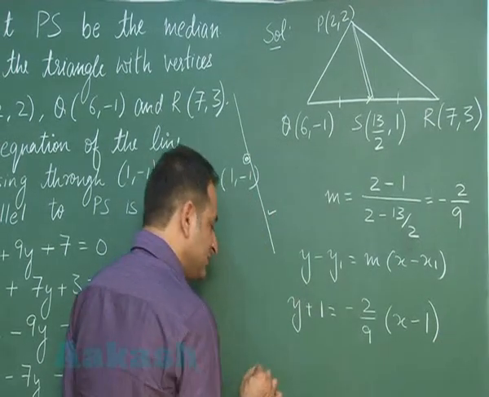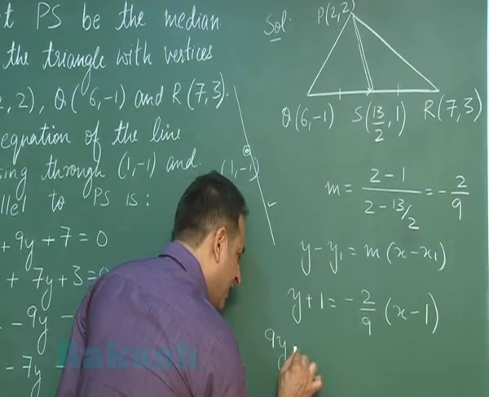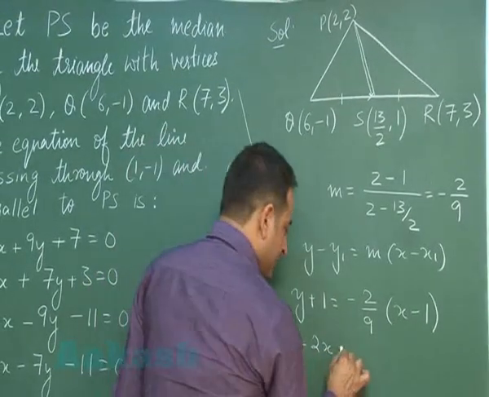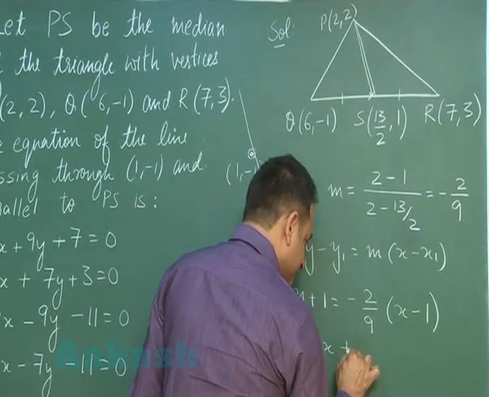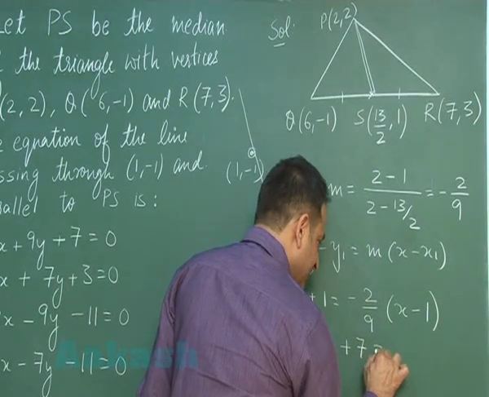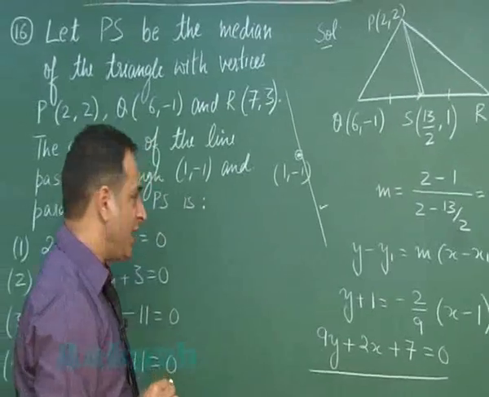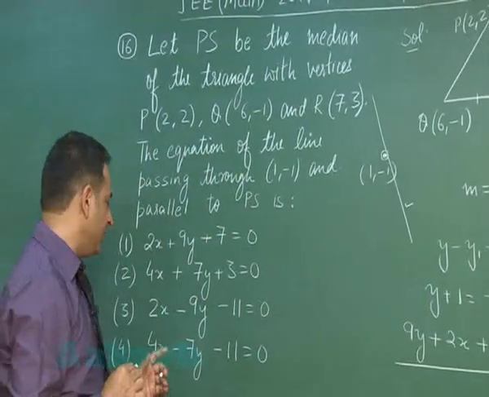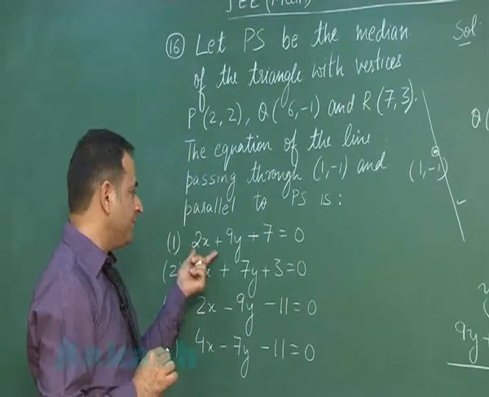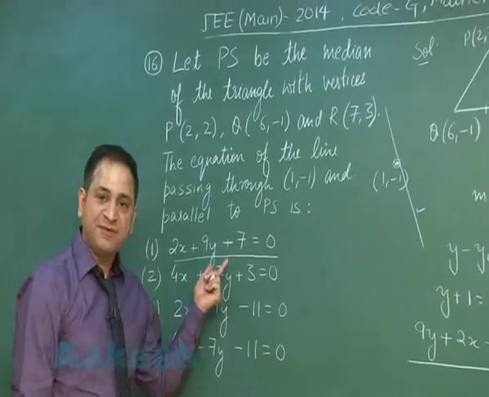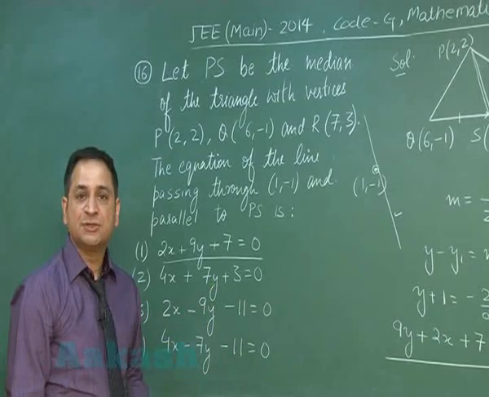So solving this, we have 9y plus 2x plus 7 is equal to 0. So this is the solution we have. We can see from here it is option number 1, that is 2x plus 9y plus 7 is equal to 0.